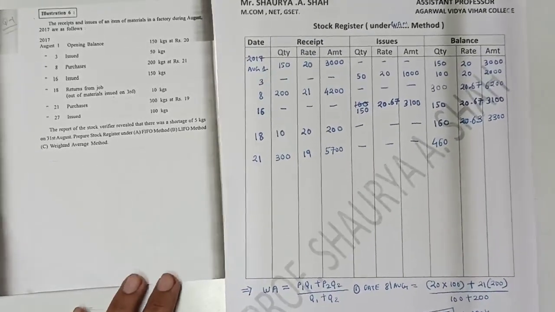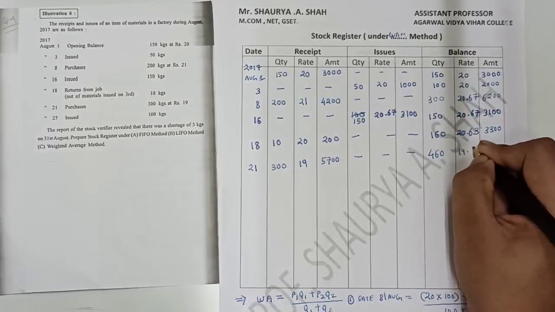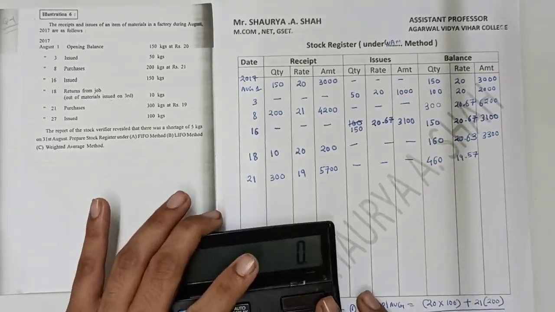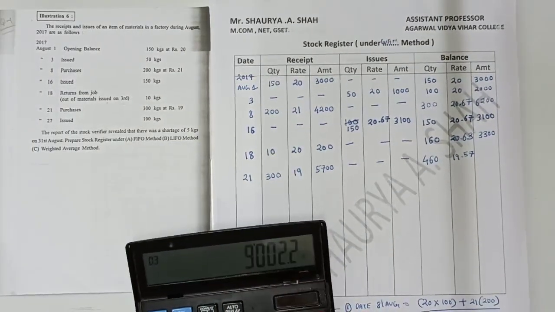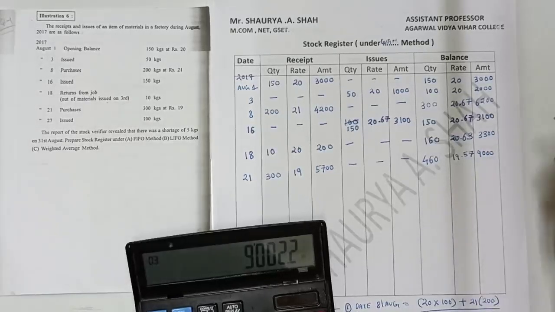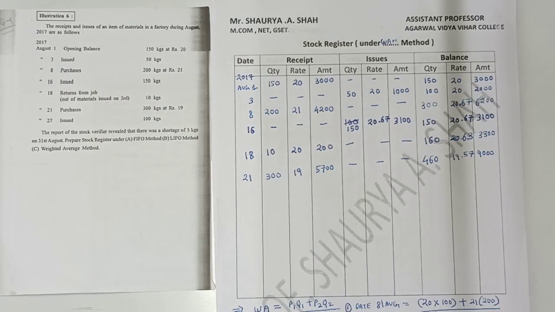So what I'll do is, again in this 460, 19.57, right? So multiply this, students. 460 into 19.57 gives me the value of 9002, right? So I'll take on an average 9000. Rounding off you can do, otherwise at the last there can be a problem of around 8 to 10 rupees in your rounding off, right? So 9000 I have taken.